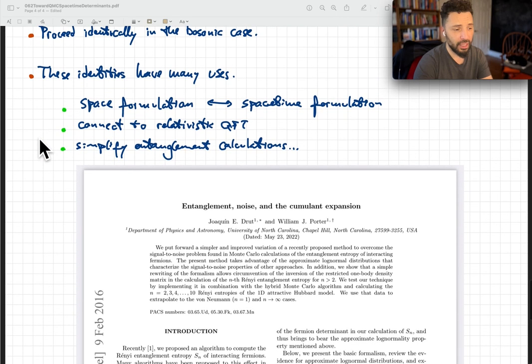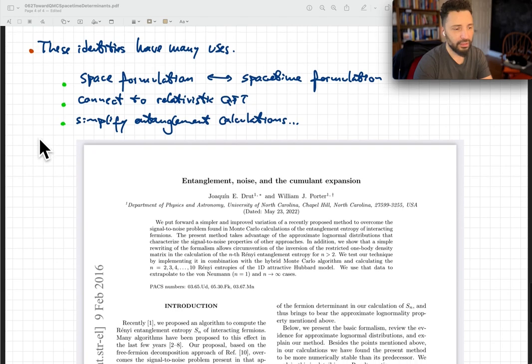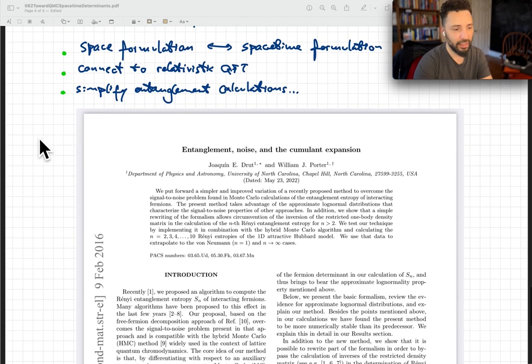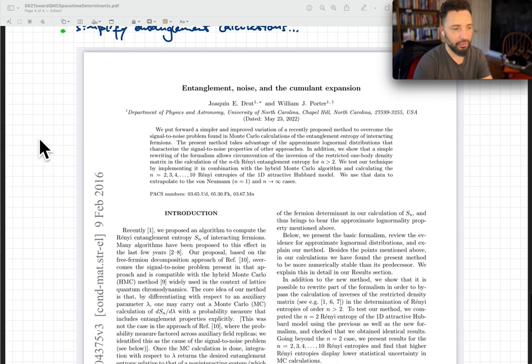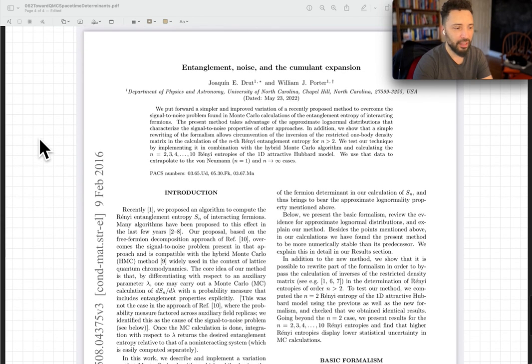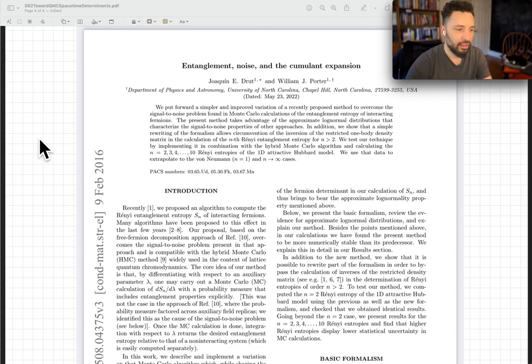In my research, I have actually used these types of identities for other purposes, like simplifying entanglement calculations. This is a paper that I wanted to show you because I'm very proud of it. It's a really nice paper I worked on in 2016 with one of my students, called Entanglement, Noise, and the Cumulant Expansion.